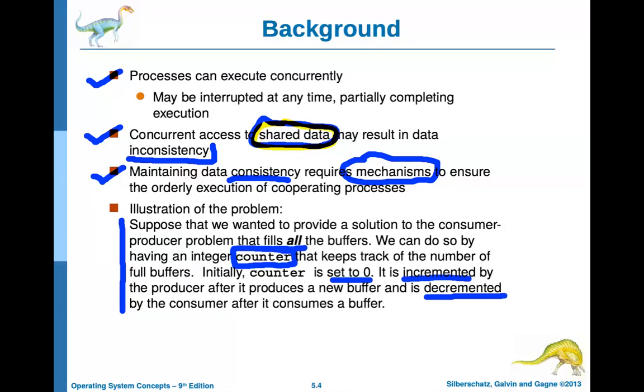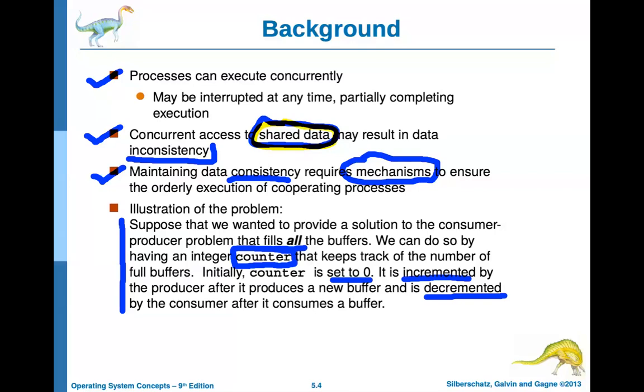Now, even though it is logical, as I mentioned, there are two operations on this counter, one is increment and one is decrement. And increments could happen concurrently, because it's not like there is a single producer and a single consumer. No, we may have multiple producers and multiple consumers. So this increment operation can happen simultaneously.